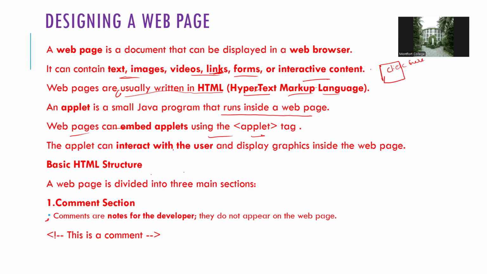The applet can interact with the user and display graphics inside the web page. So you can say that in a web page, you will be having some video. In that video, we will be having control buttons, play button, and next button. Like that, we will be having some buttons, that is nothing but graphics. Graphics is implemented by what? Applet.